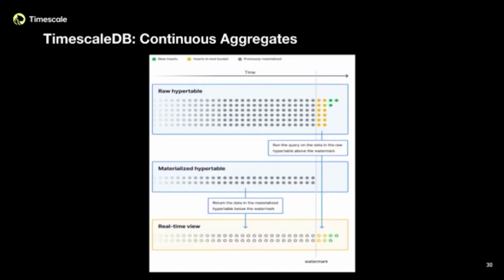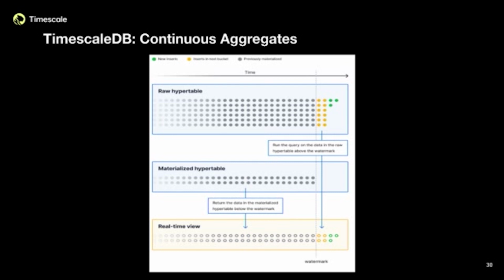But we have another type of continuous aggregate named real-time view that combines data from the materialized hypertable, because behind the scenes, our materialization table is a hypertable, because hypertable is the foundation of Timescale. Then we combine the data that we read from the materialized hypertable and do a union query with the original hypertable.